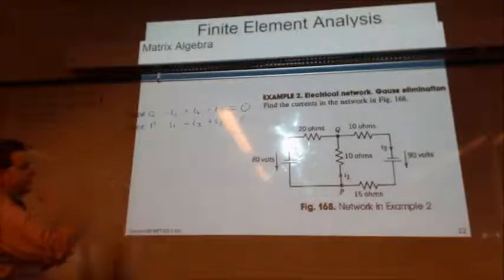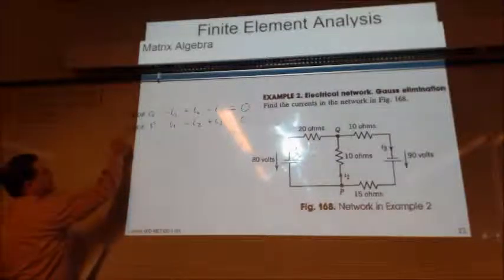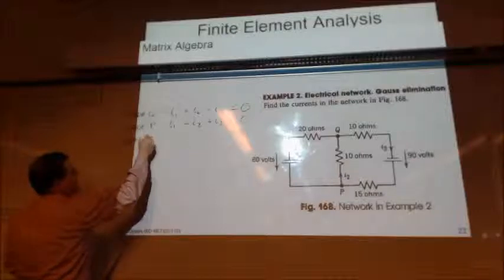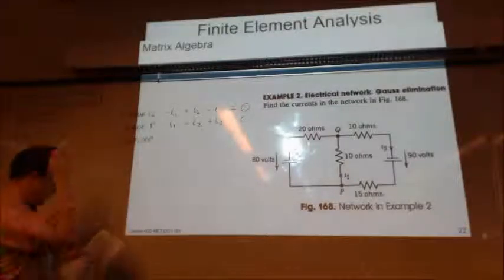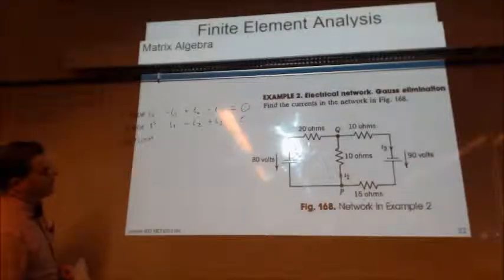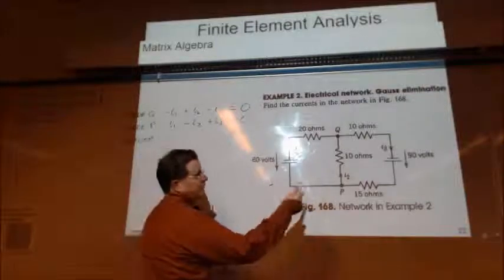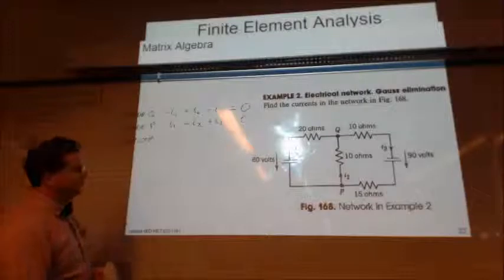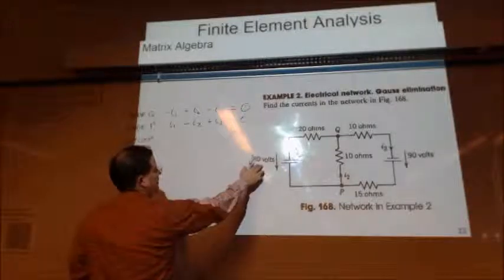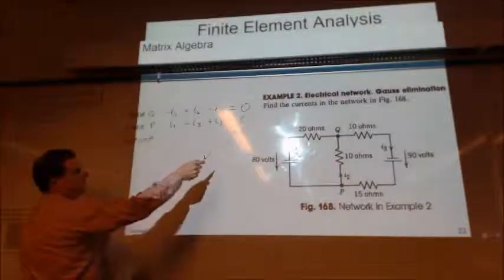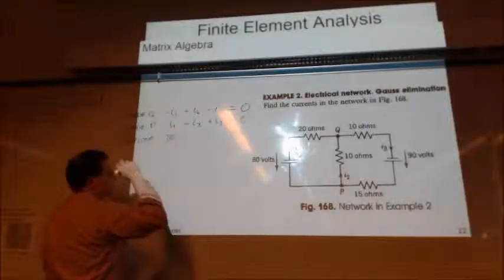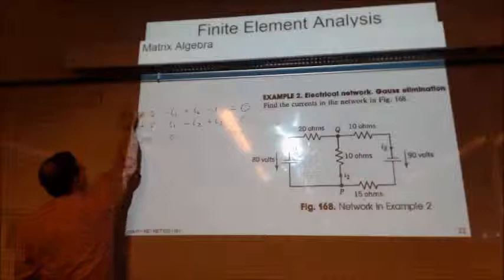Okay, so now if we look at voltages, we're going to say the left loop, right? So what do we got? We said the voltages was the sum of the resistance and the electromotive force. So we've got what, 20, and voltage, right?